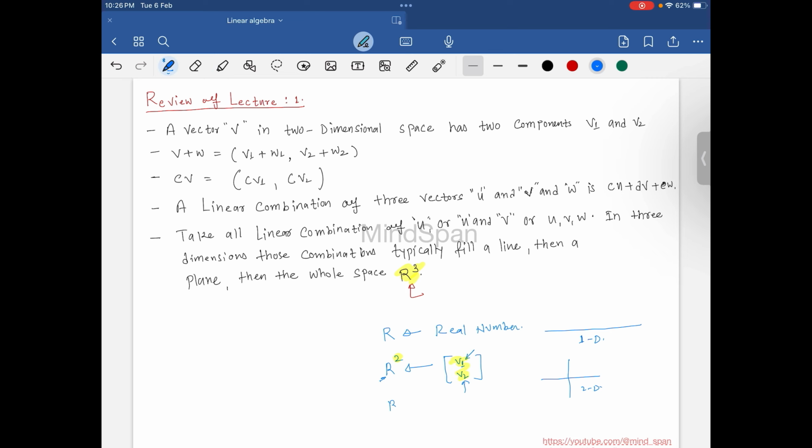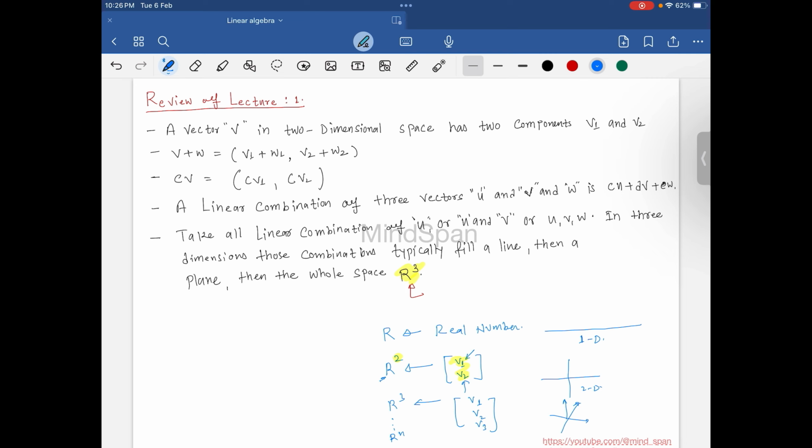Similarly we will have r cube, that means we will have a real vector with three components, and it has come from the three dimensional space, and analogous to that we will have the n dimensional space, right? Okay, now we are done with the review.